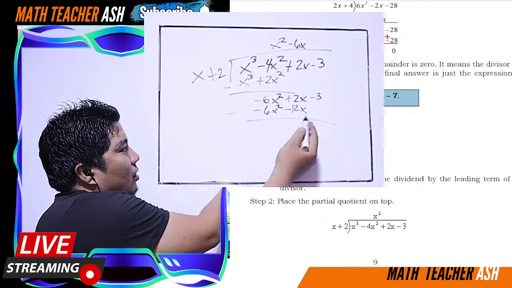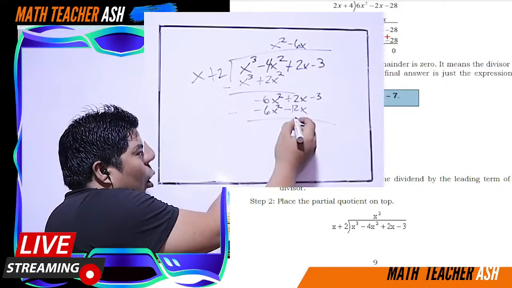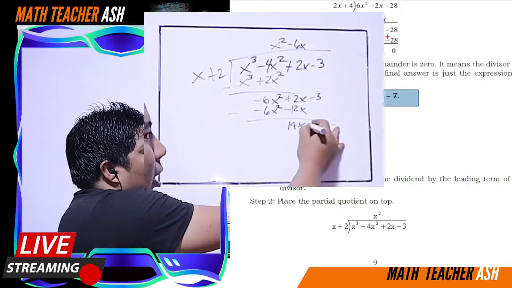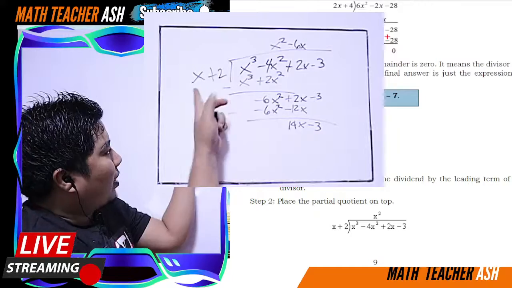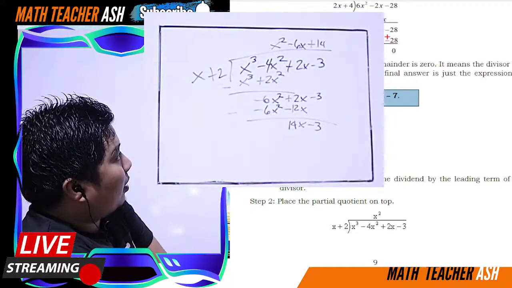2x minus negative 12x. So, dalawang negative, magiging positive na yon. So, 2 plus 12 na tayo, that is positive 14x. I bring down minus 3. So, 14x divided by x, that is positive 14. Okay?